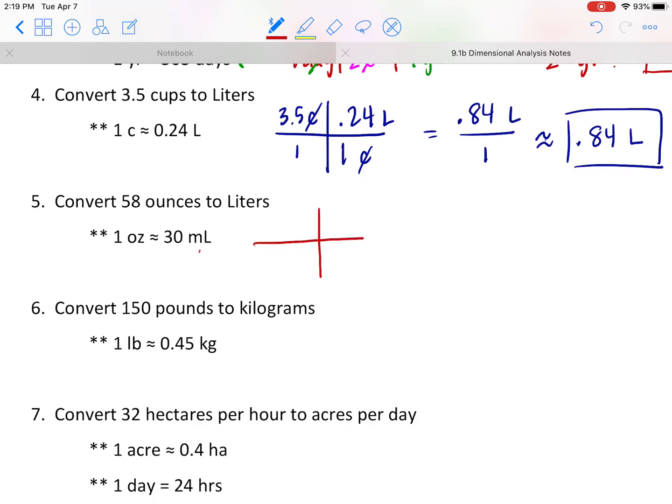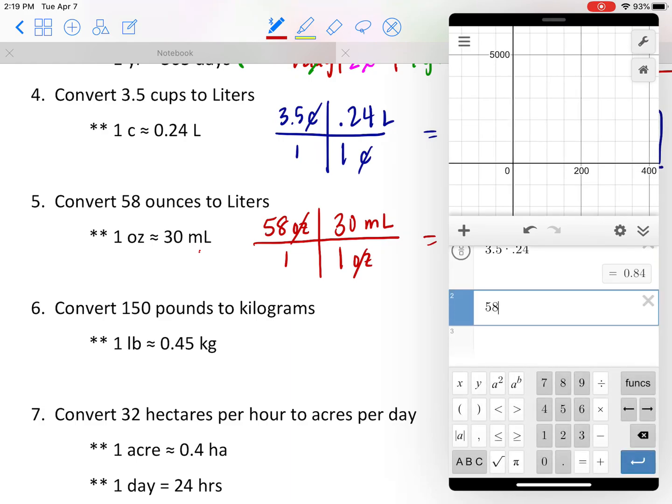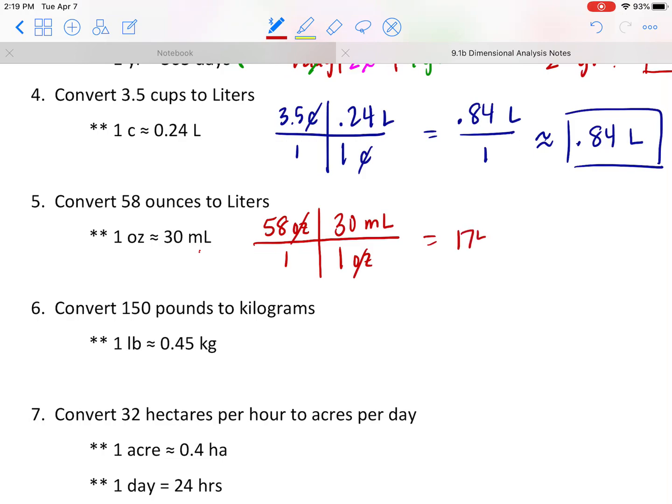Okay. All right, same thing is going on here. We have 58 ounces and we're trying to go to liters. Now notice that the unit fraction has milliliters. That's okay. We know how to handle that. I'm starting with 58 ounces, with just a 1 in that missing spot. And I know that 1 ounce is equal to 30 milliliters.